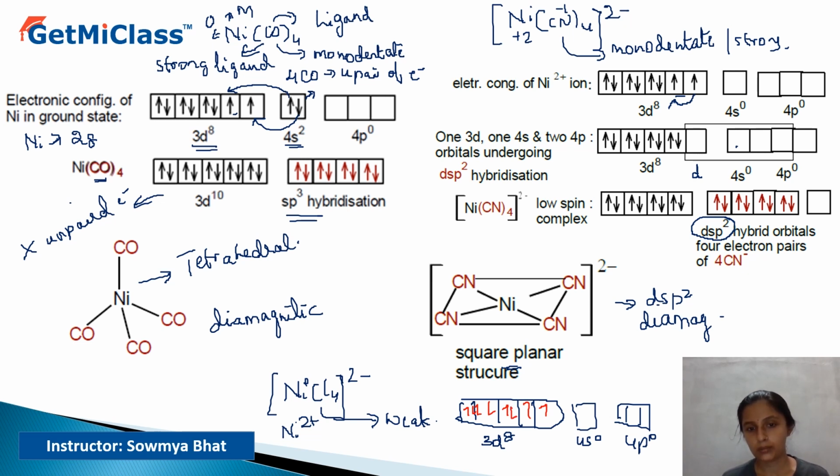Now, being a weak ligand, it can't pair up the electrons here, and these electrons are retained, and then these orbitals are occupied by the electrons given by 4 chloride ions. So because of this, it undergoes sp3 hybridization and the molecule has the tetrahedral shape, but here there are unpaired electrons. Due to the presence of the unpaired electrons, it becomes paramagnetic in nature.